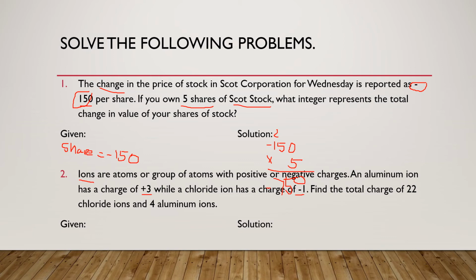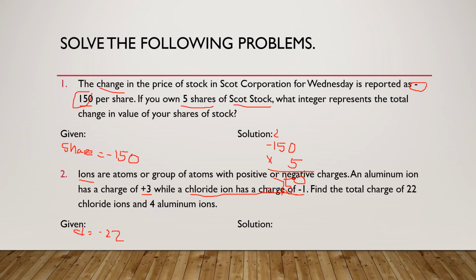So find the total charge of 22 chlorine or chloride ions, so that means we are going to multiply 22. So for chloride ions or the Cl, we have negative 22. Why? Bakit negative 22?